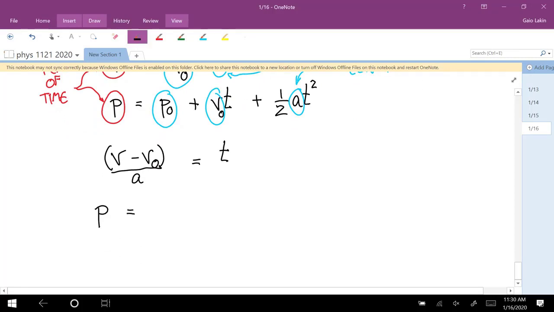So we have P, let me write a note here. So this is from equation 1.